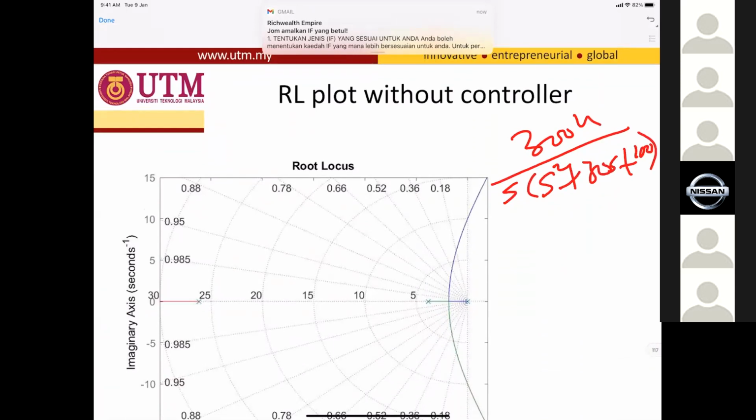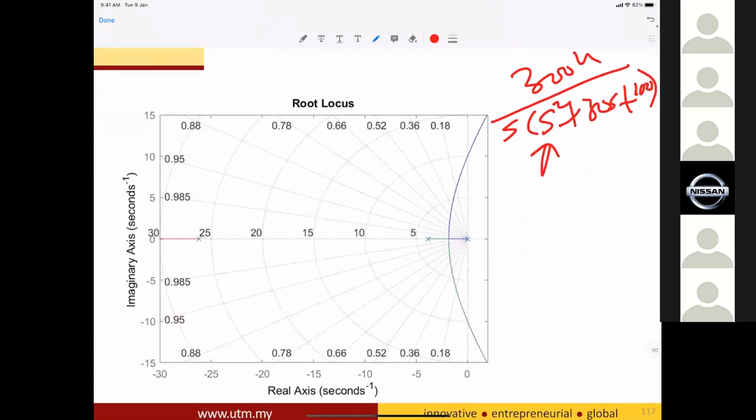So we have to draw the root locus. From the root locus, the highest order is 3, so there are 3 root locus paths. You have one zero in blue. This one, I'm not sure.